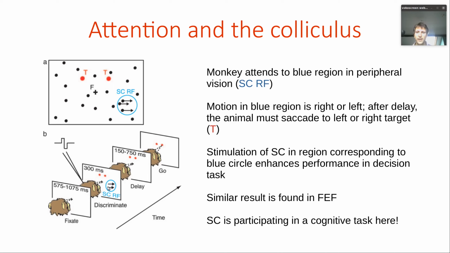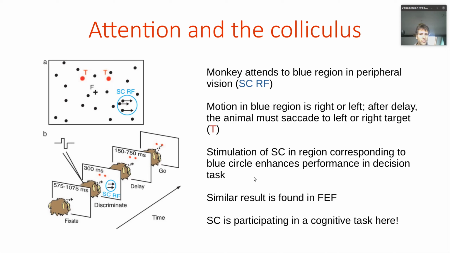They actually get the answer right, and they move to the correct target more often than when they don't stimulate that region. So even though the eyes haven't moved there, the colliculus is participating in some way in attention of that area and in the monkey's processing of that area.